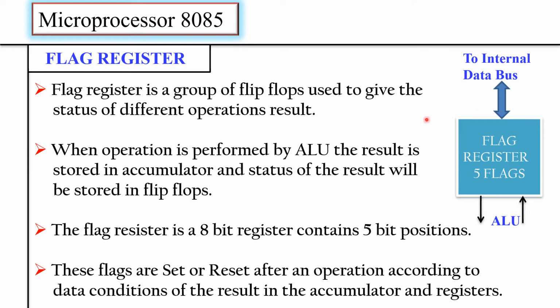So in the flag register there are 5 flags, and after the operation in the ALU, either the flags are set or reset, according to the result in the ALU.